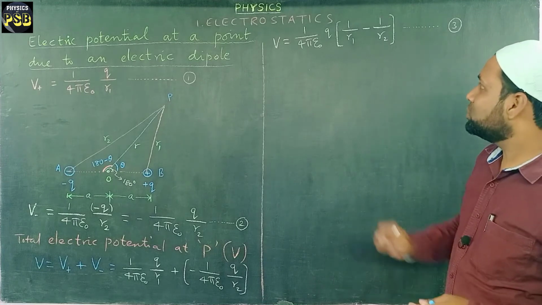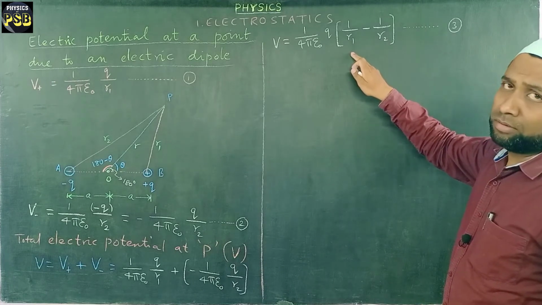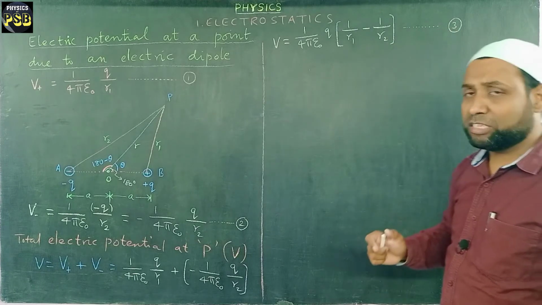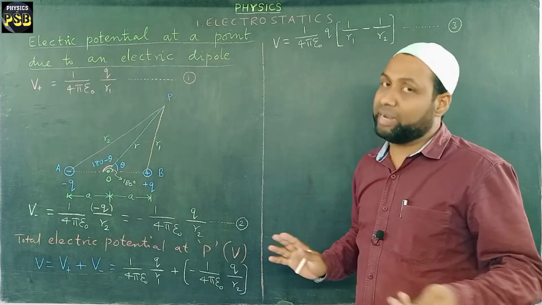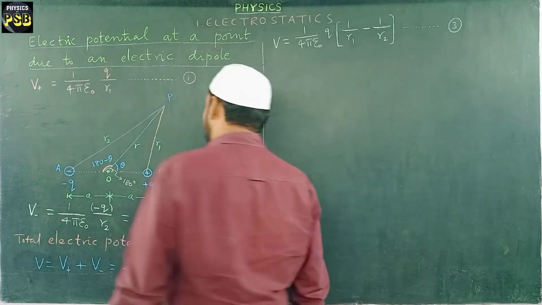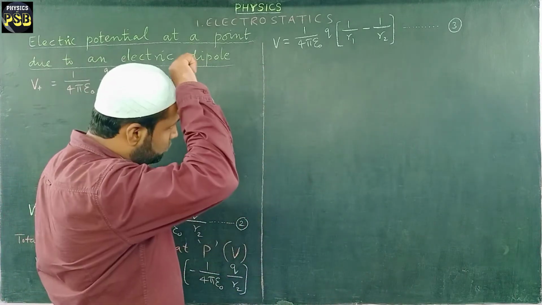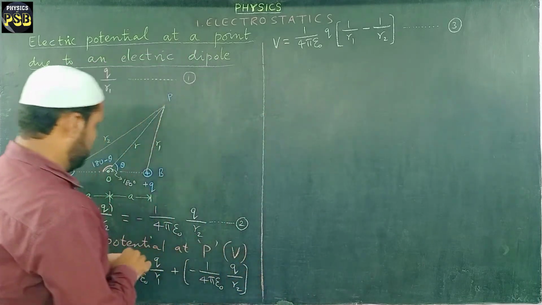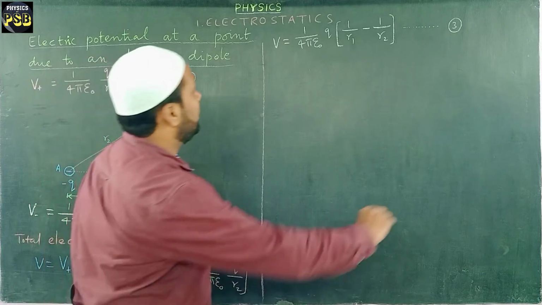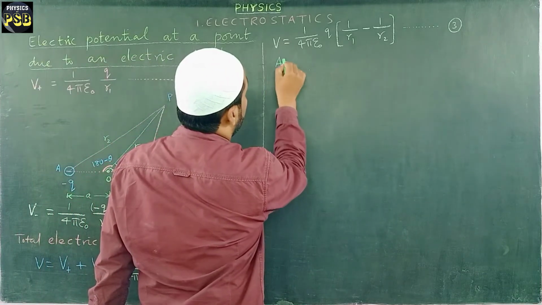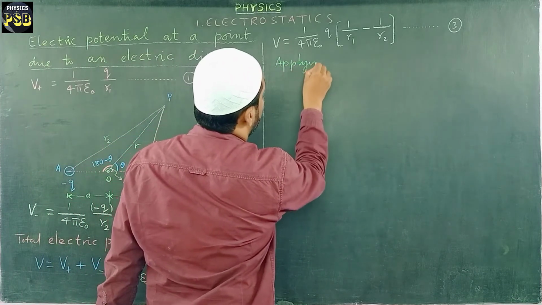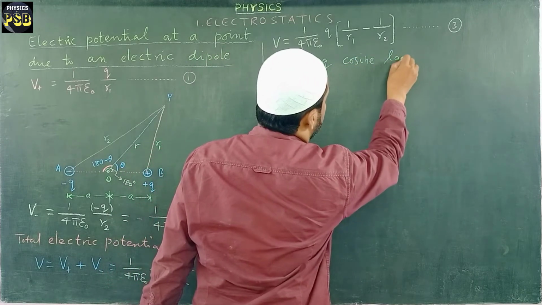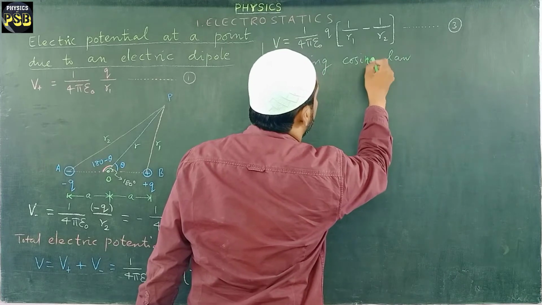Now if I substitute the values of r1 and r2 in this expression, then the final expression for V will be obtained. How to do that? To get the values of r1 and r2, I use the cosine law.